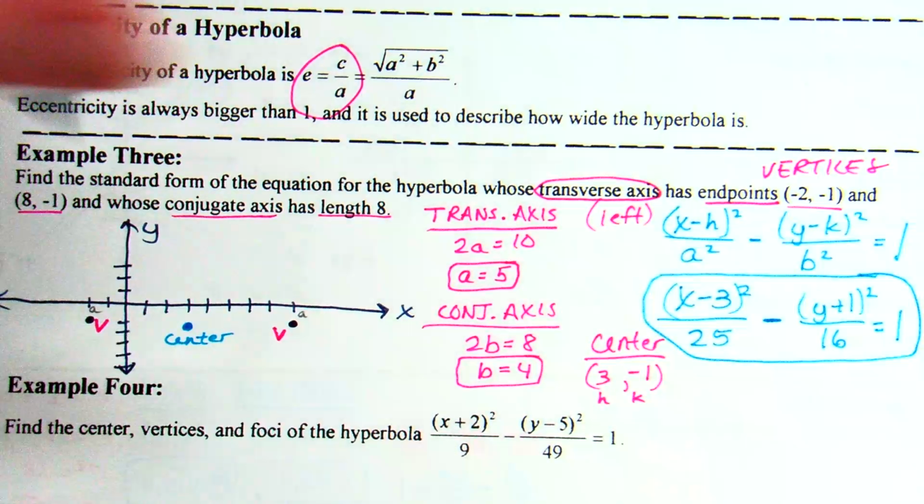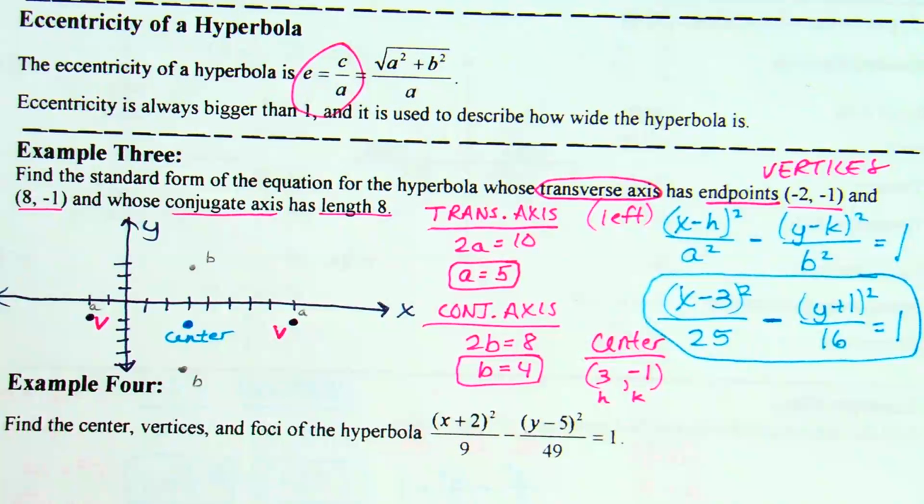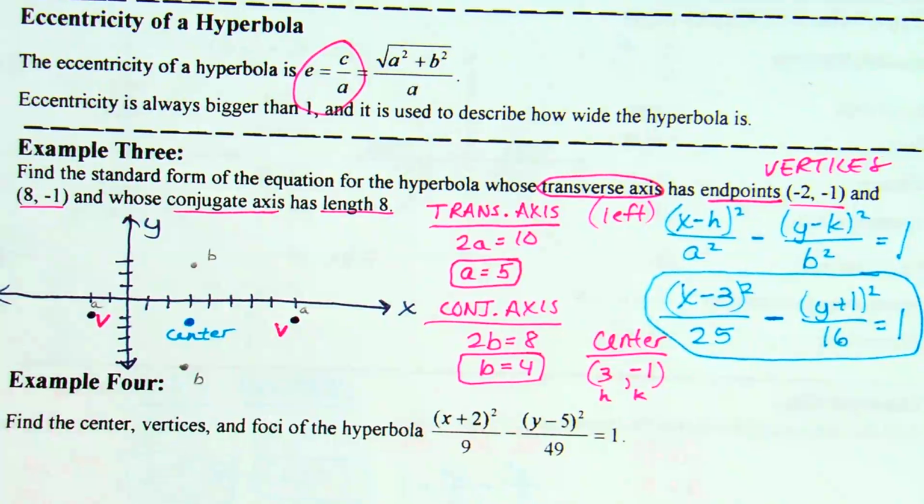So that means I'm going to go up 4 here and down 4 there. What do I do with those A's and B's? Or what am I asking you to do? Draw a box with your A's and B's. Can you see my A's and B's?